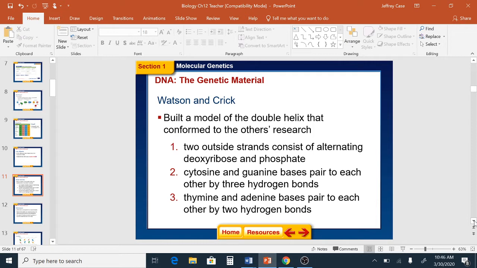Two outside strands consist of alternating deoxyribose, and that's the sugar, and phosphate group. Number 2, cytosine and guanine base pairs to each other. Cytosine and guanine bases pair to each other by 3 hydrogen bonds. Thymine and adenine, however, pair to each other by 2 hydrogen bonds.